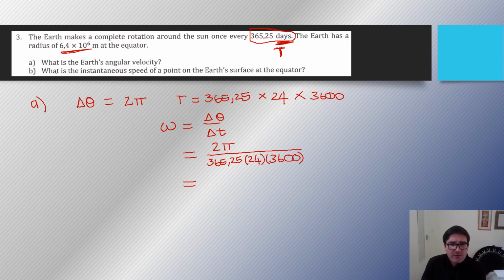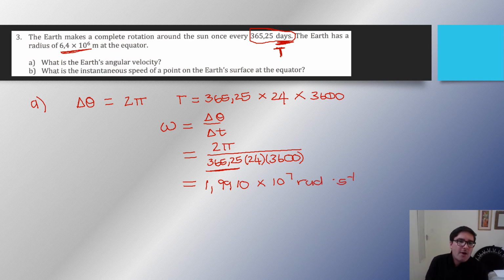In terms of this, this one has 5 significant figures, and that one will be my limiting one because all of these have infinite significance. So in other words, it would be appropriate here to round to a value that has 5 significant figures. And this angular velocity then becomes 1.9910 times 10 to the negative 7 radians per second.